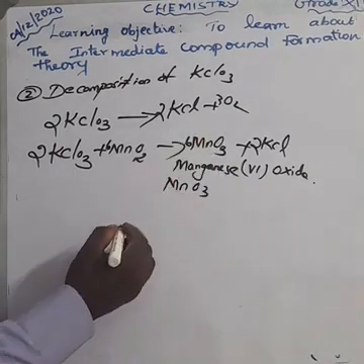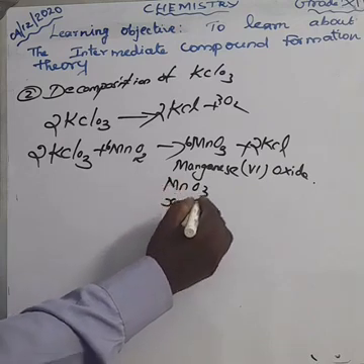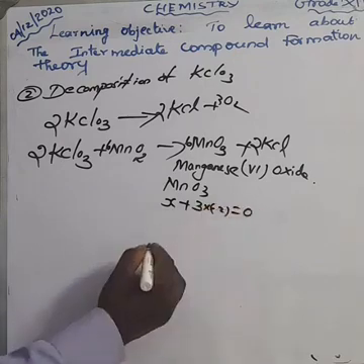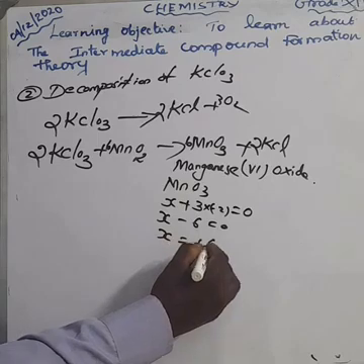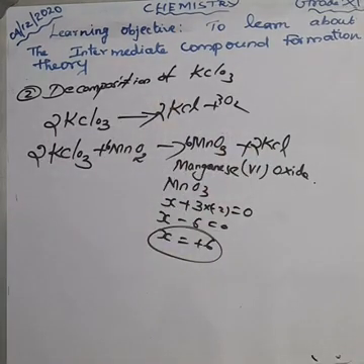How can you find the oxidation state for Mn? X plus 3 oxygen, 3 times minus 2, equals 0. X minus 6 is equal to 0, so X is equal to plus 6. So manganese 6 oxide. Don't forget that.